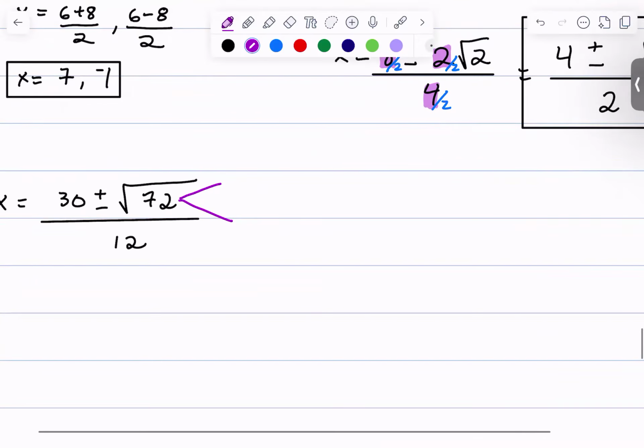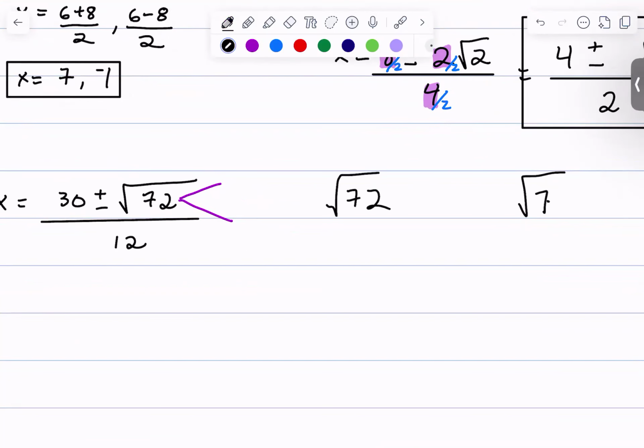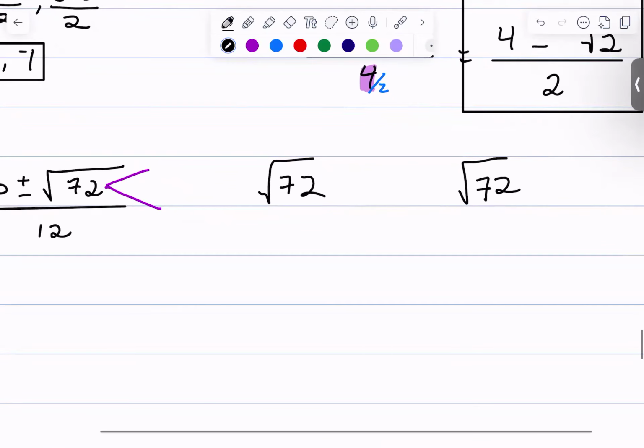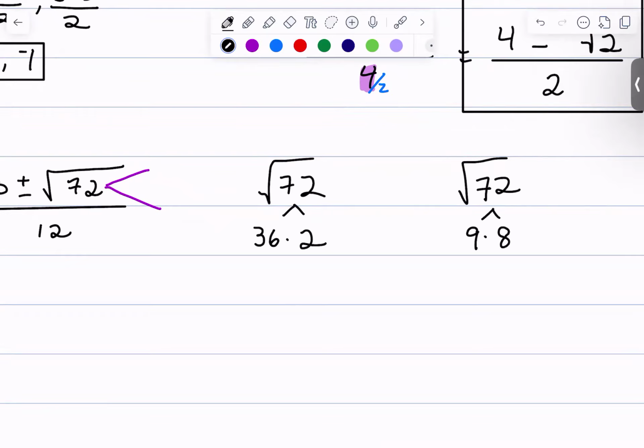I'm going to show you guys that we can use both answers. Okay? When I asked what times what is 72, one student said 36 times 2, right? Another student said 9 times 8.